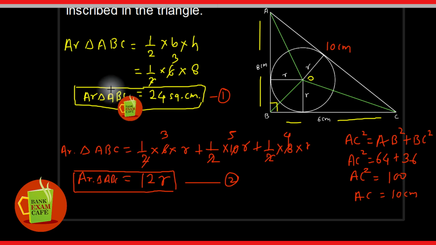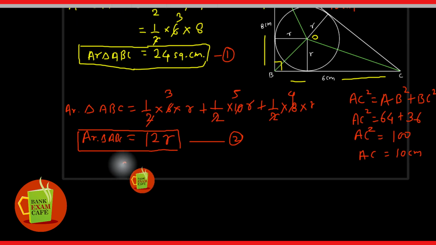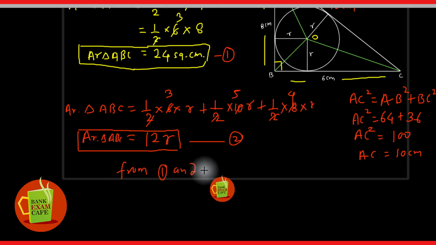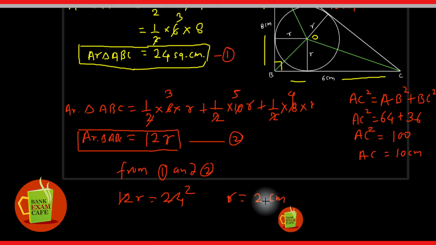Now from 1 and 2 we see that area of triangle ABC is 24 square centimeter and area of triangle ABC is 12R, and so we can equate 1 and 2. From 1 and 2 we get 12R is equal to 24, and therefore R is equal to 2 centimeter.